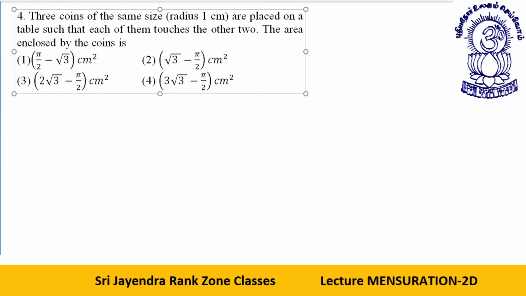Three coins of the same size are placed on the table so that each of them touches the other two. The area enclosed by the coins is. See, dear students, we have three coins of the same size. I take a circle.